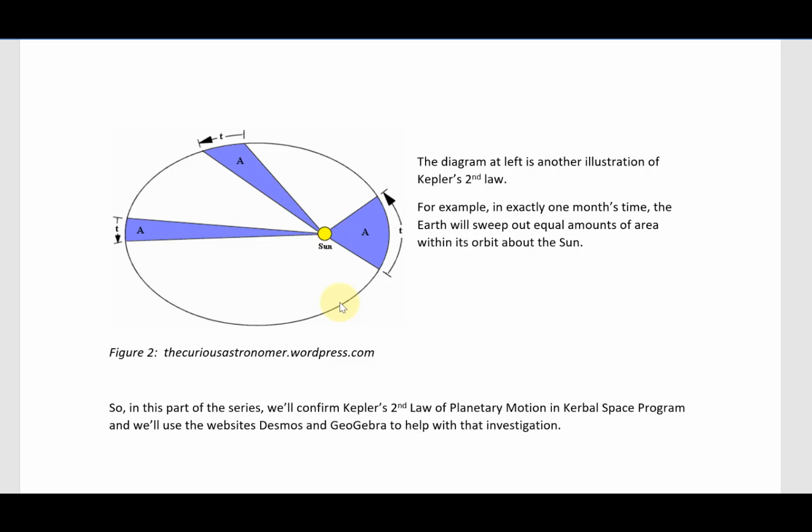These principles all apply. This second law of planetary motion applies in all of those orbits because they're all elliptical orbits. So in this part of the series, we'll confirm Kepler's second law of planetary motion in Kerbal Space Program, and we'll use the websites Desmos and GeoGebra to help with that investigation.